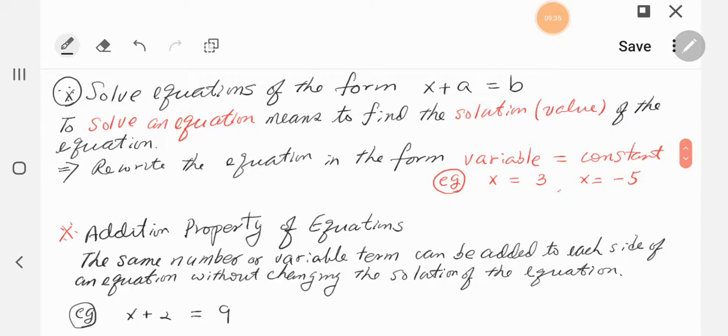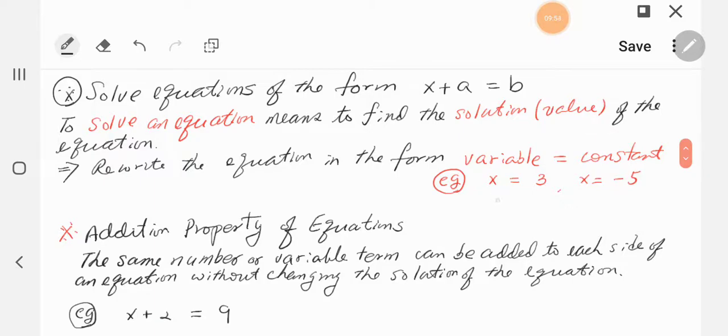The constant means a number. So finally, if we have x equals a number like 3, then this 3 is the solution for the equation. Solution means it's the value of the variable x in the equation.